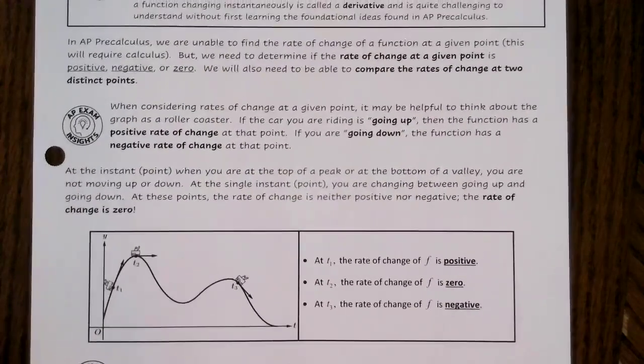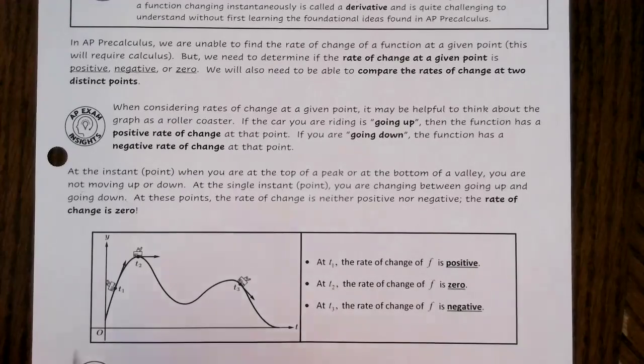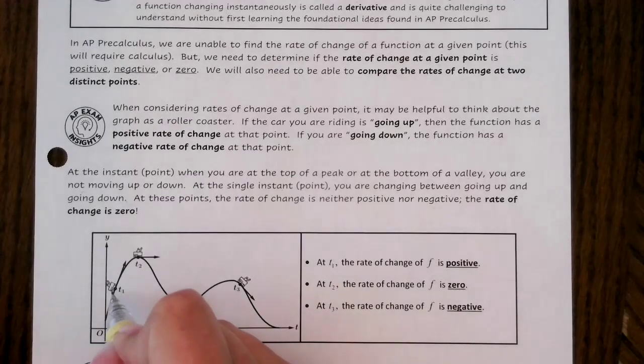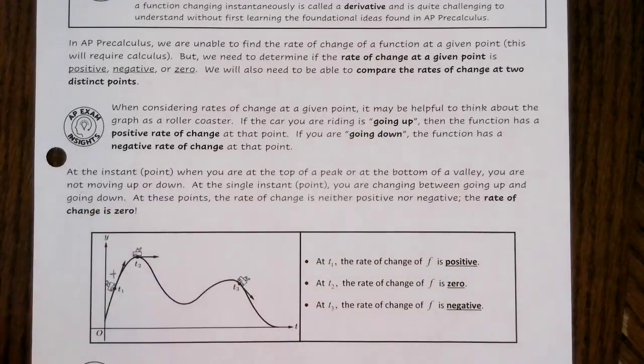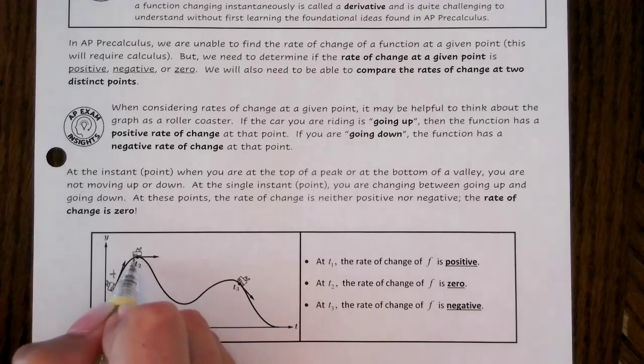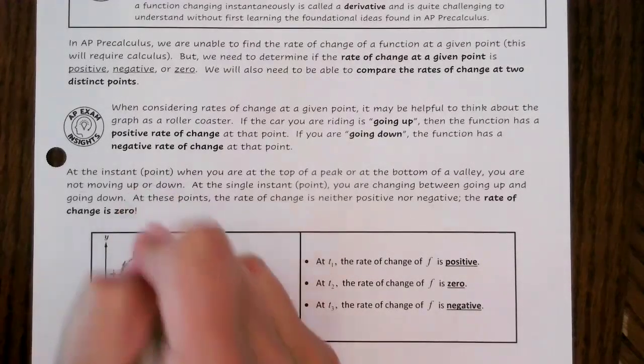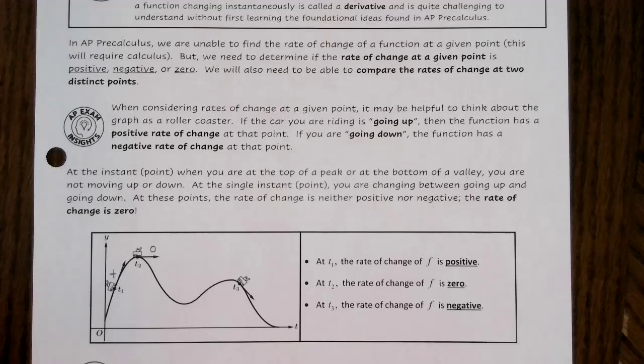So let's look at that as a roller coaster here. As we are going up, this is increasing. So we have a positive rate of change. When it gets to this top point right here, you kind of do that little stop right there. So it is not increasing or decreasing there. That is when it is zero.